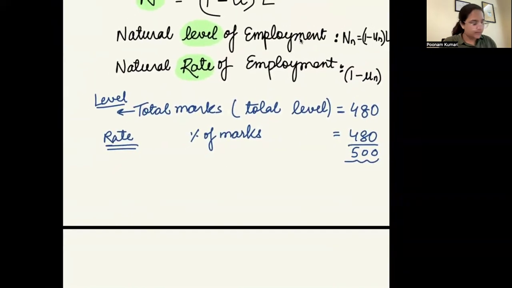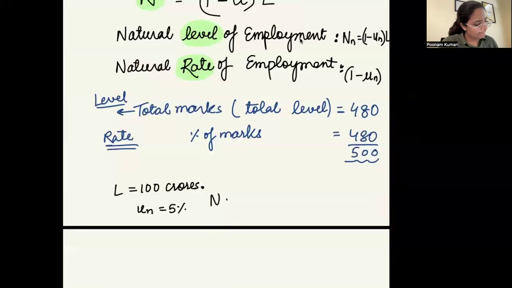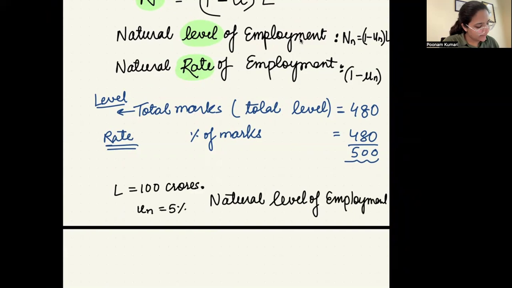Okay. So if somebody gives you something like this, कि labor force is 100 crores. ठीक है? Natural rate of unemployment UN is 5%. So what is the natural level of employment? How will you calculate that?